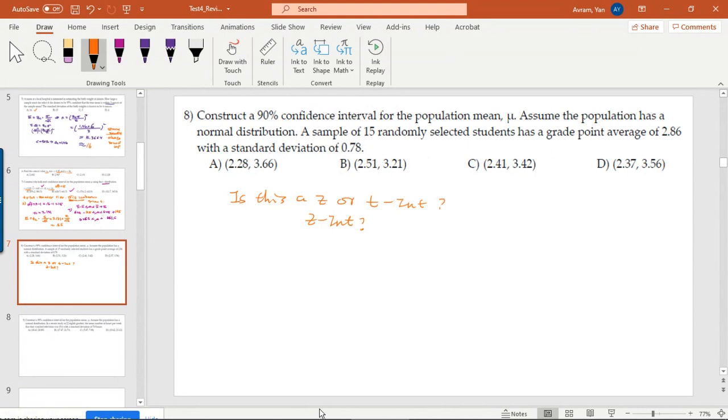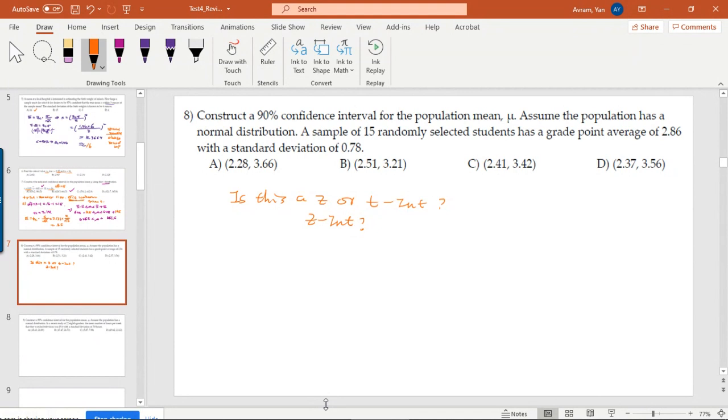That will be the most important part, because if you use the wrong interval, you might also get the answer incorrect. The key is deciding Z or T interval before we even start. Is it Z?